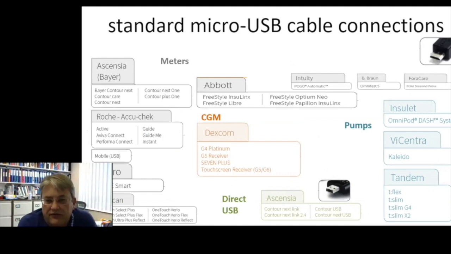So the sort that we might have to charge our e-reader, for example. And so we can see some of the Essentia meters, some of the Roche meters, some of the Nipro meters, some of the LifeScan meters, some of the Abbott meters will all directly connect on a standard cable.